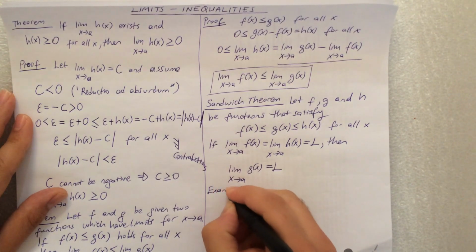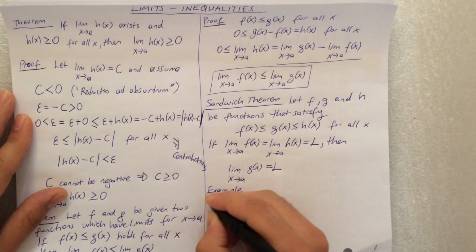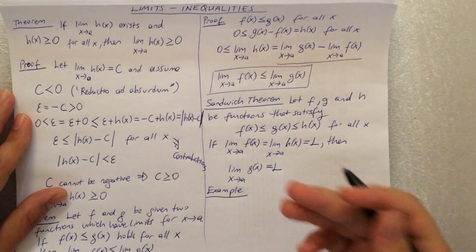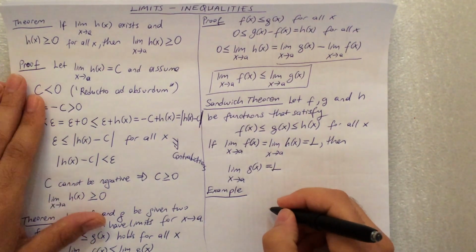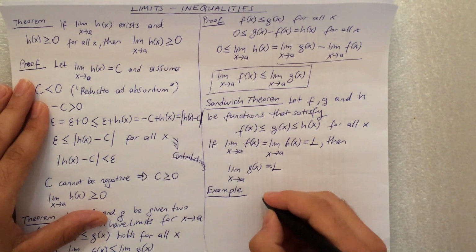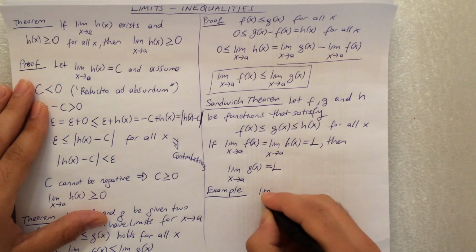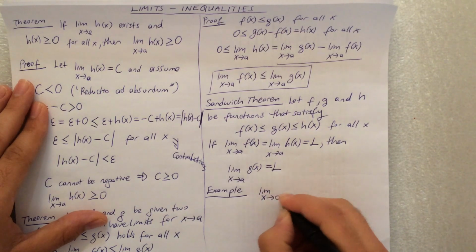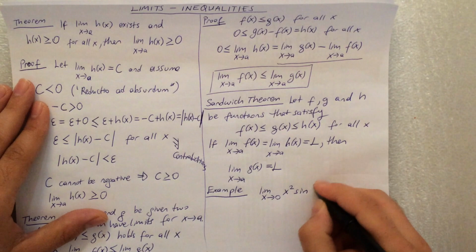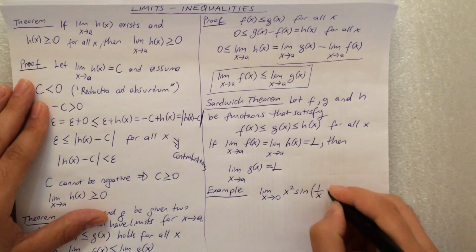Example. I'm going to show an example of how to use this theorem to find limits of different functions. My example is the limit as x goes to 0 of x squared sine 1 over x.